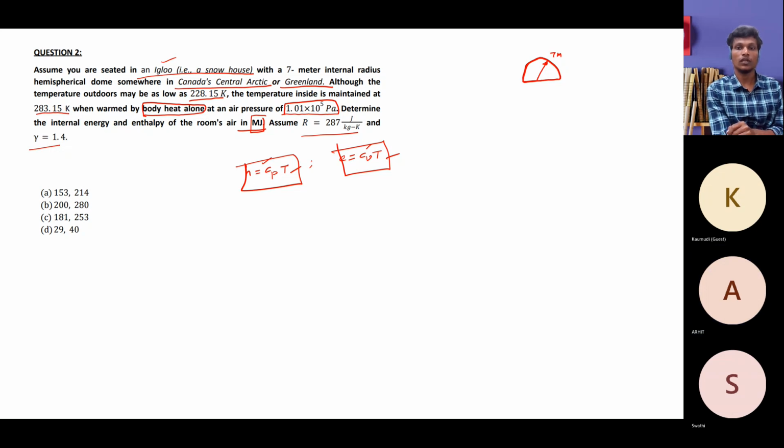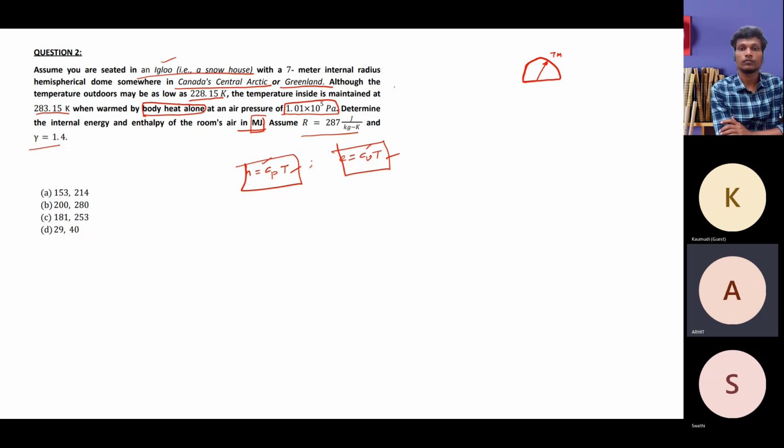Can you state the relation? Yes, Cp by Cv equals gamma and Cp minus Cv equals R.